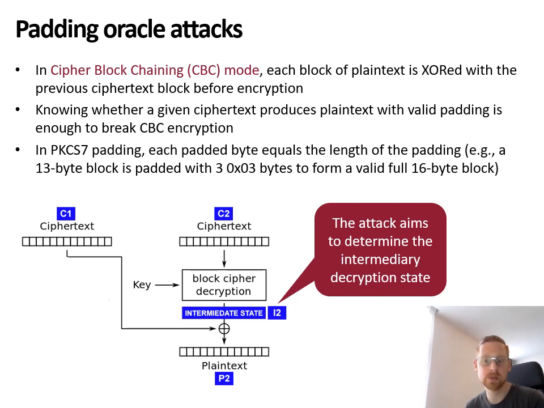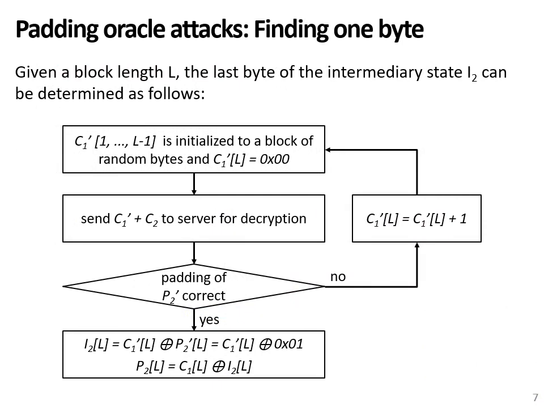Because by retrieving this intermediary decryption state and knowing the previous ciphertext block, which is not so hard when eavesdropping on a network, the plaintext P2 can be retrieved. And let's take a closer look at how an attacker could exploit this procedure to obtain the intermediary state I2 of a ciphertext block C2.